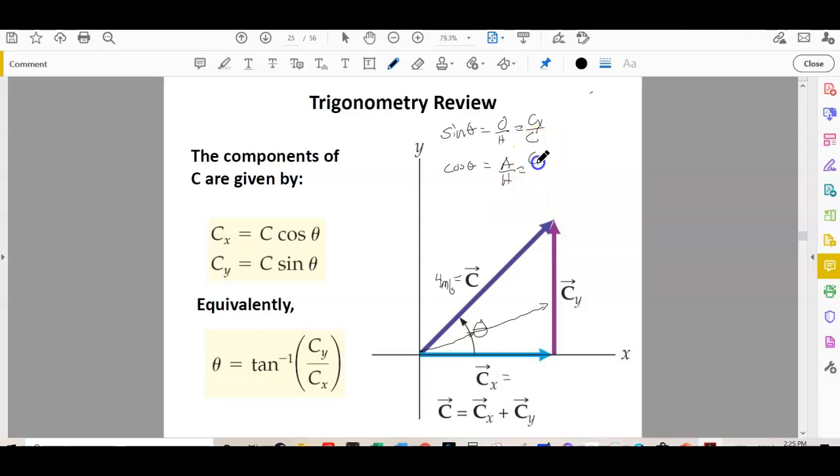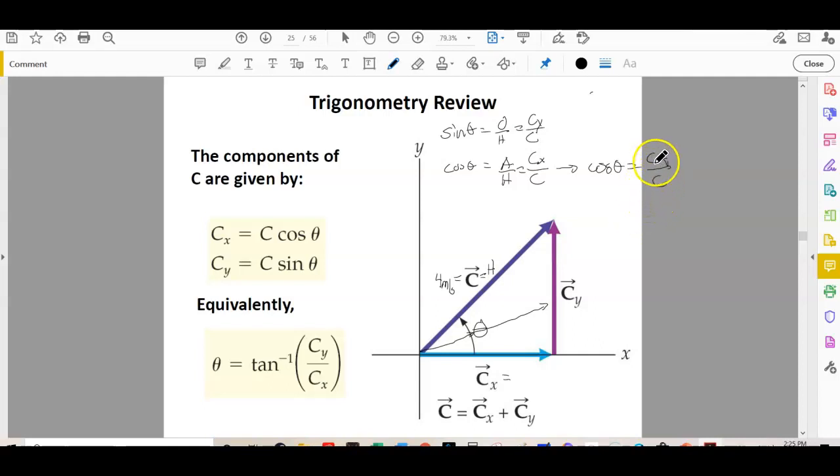So in this case, it's going to be CX over hypotenuse, and C is equal to the hypotenuse, right? So now we have a method to do some algebraic manipulation. If we want to find CX, cosine of theta is equal to CX over C. Okay?